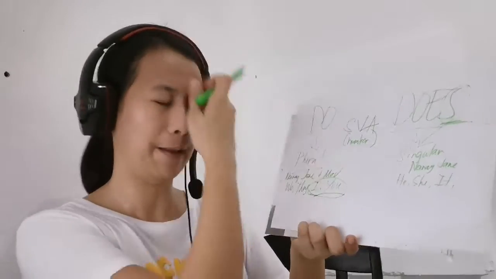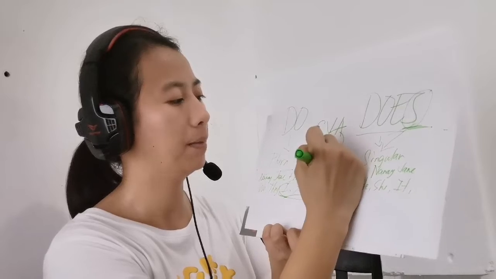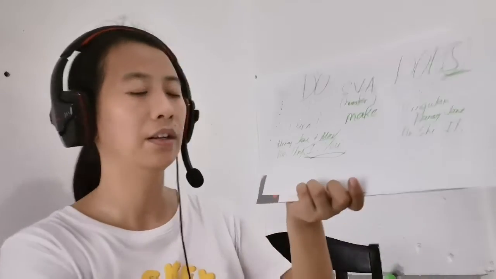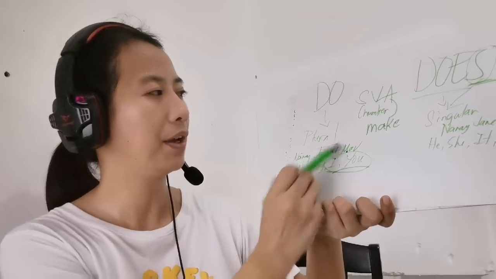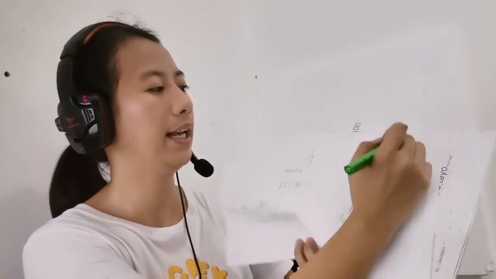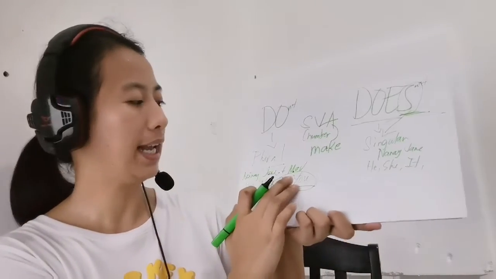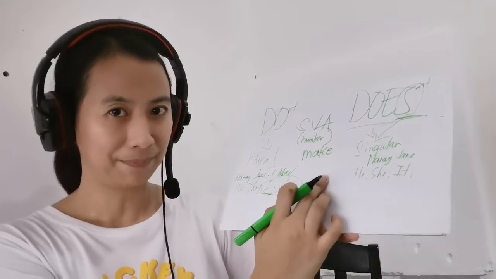For example, okay, so let's have the base form, make. Okay? Nanay, Jane, and Mav. Let's use the negative of this one. Don't and doesn't. Okay? Nanay, Jane, and Mav don't make ice cream.